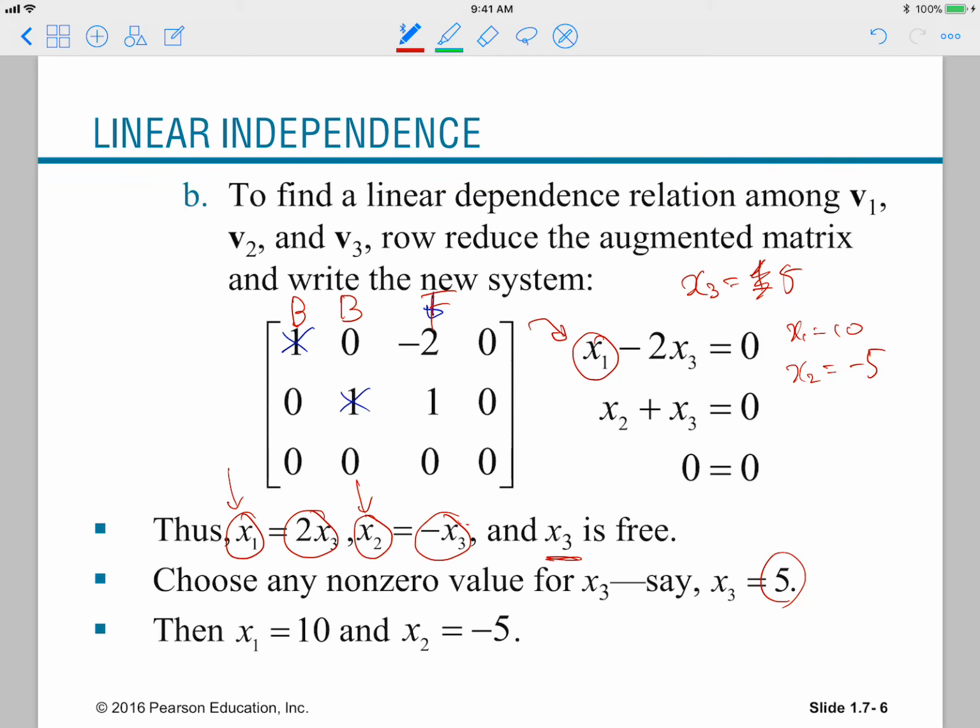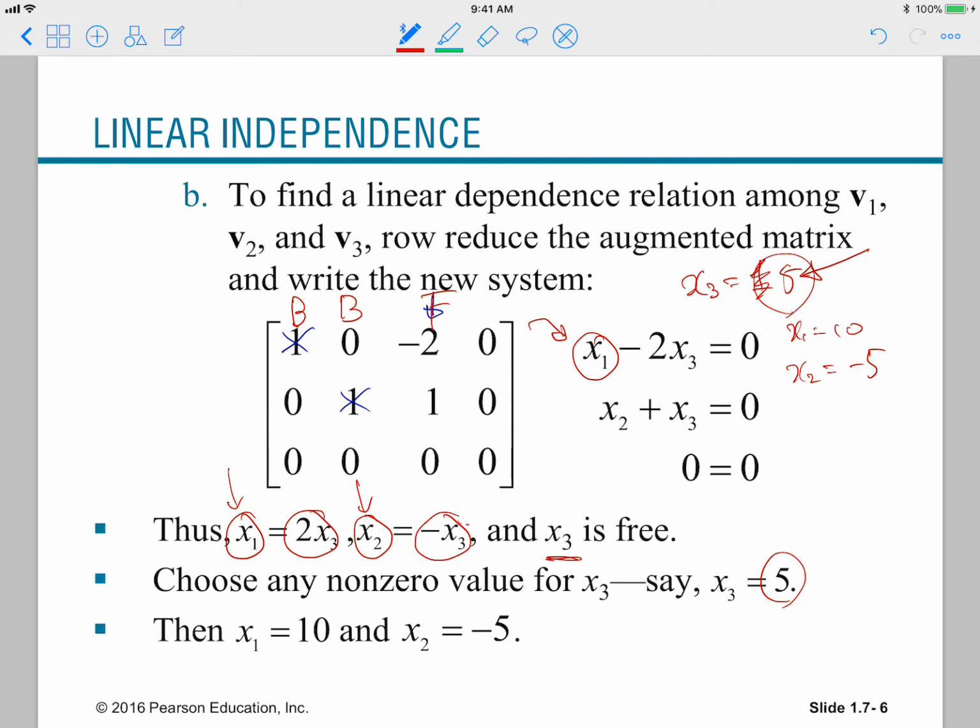So in this case, simply because we have a free variable that we can freely set the value of, we can of course set that free variable as a non-zero value. That non-zero value, one of them was 5. Of course, it can be like 1 or -1 or maybe 2, 3, and so on. But let's just choose one of them.